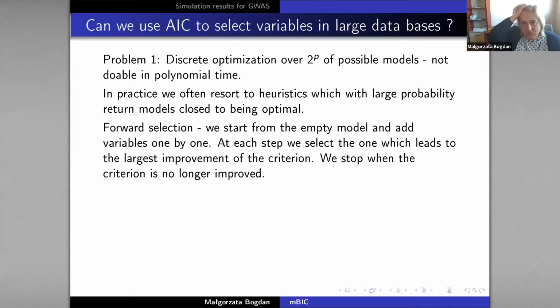What is the disadvantage of forward selection? Basically, if you have a complicated model, let's say when you have 50 variables which are important, at the first step you are picking only one.